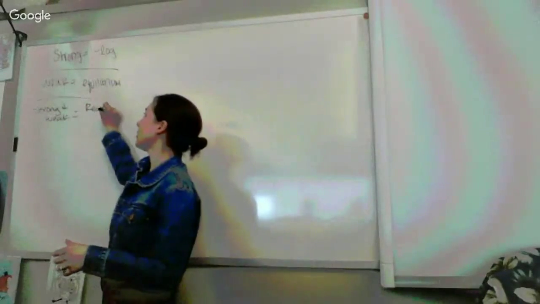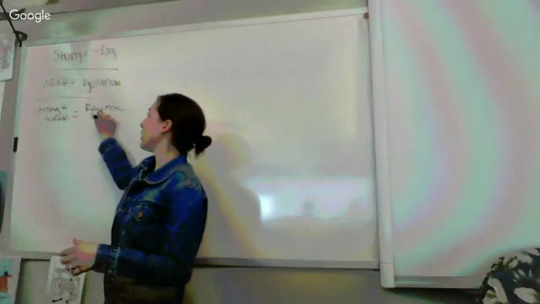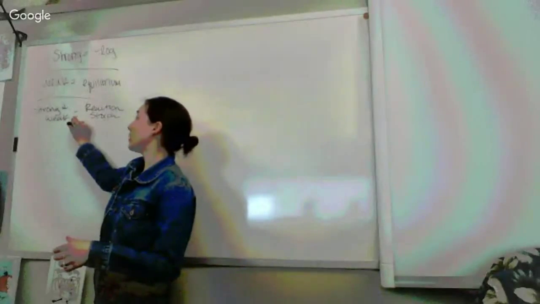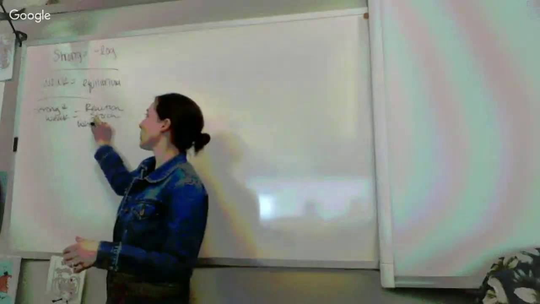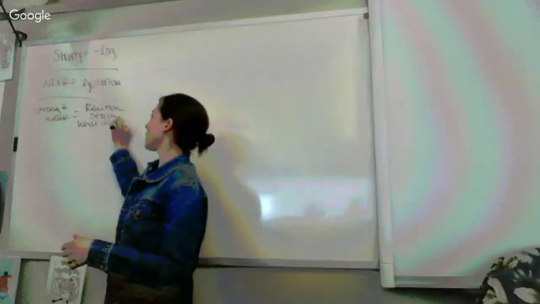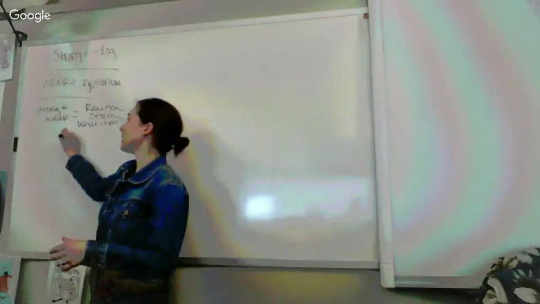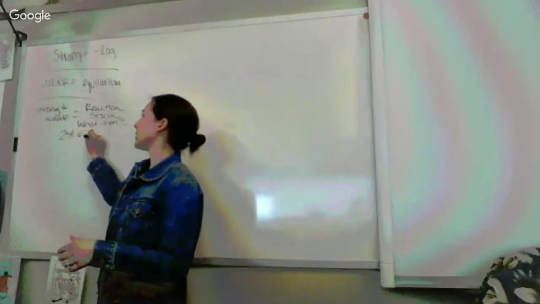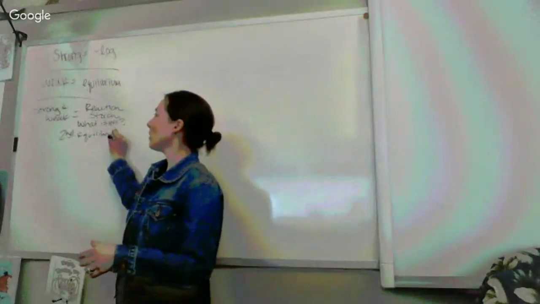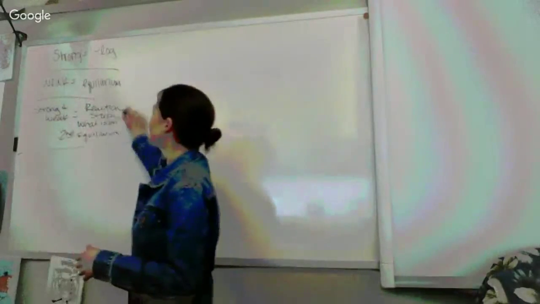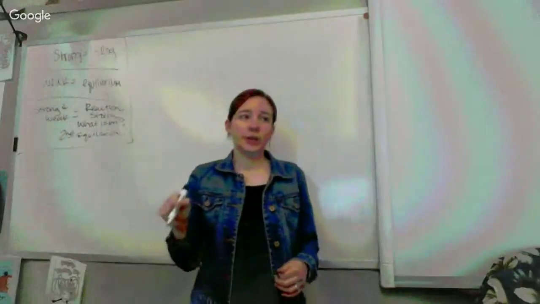And then the other instance is when it's going to be a strong and a weak together. First, you're going to have to do a reaction with some stoichiometry to figure out what is left. And then second, you'll do an equilibrium based on what's left. So every single one of your problems is going to fall into one of those 3 categories.